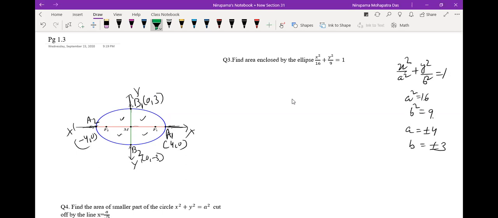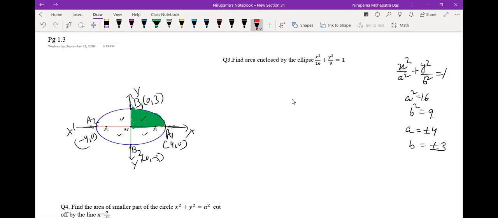We could shade the whole region, but because it is a symmetric figure, and just not to make the concept complicated, we can find the area of this portion and multiply by 4. Okay, so that makes sense.